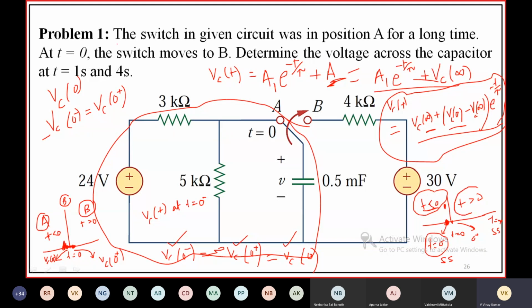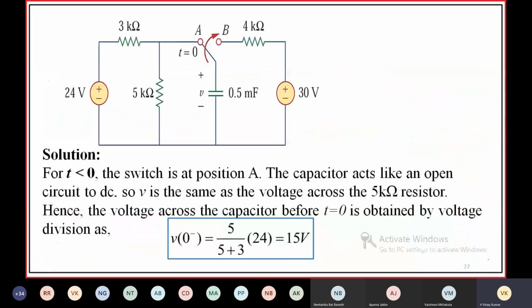For this other portion, you have the final value when time approaches infinity. Under steady state DC, the capacitor acts as an open circuit, so at T is equal to 0 minus the circuit would be like this.